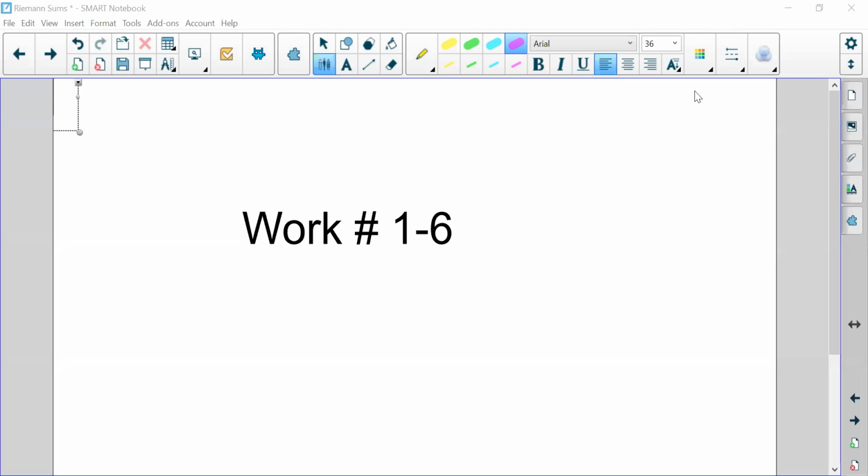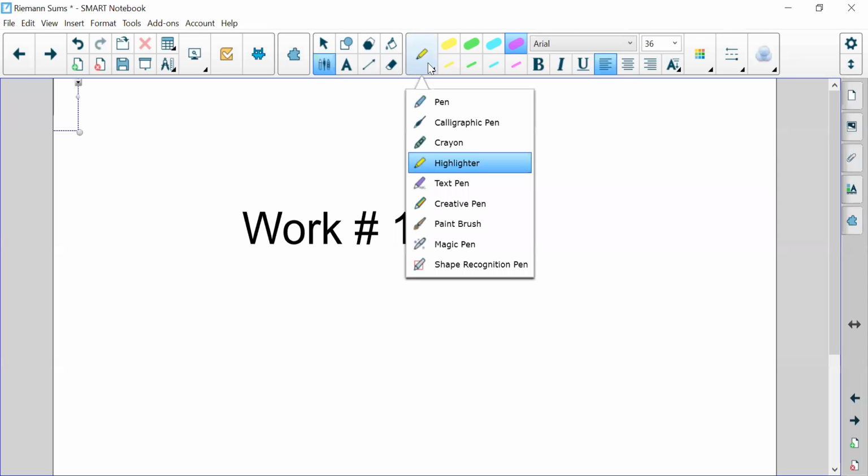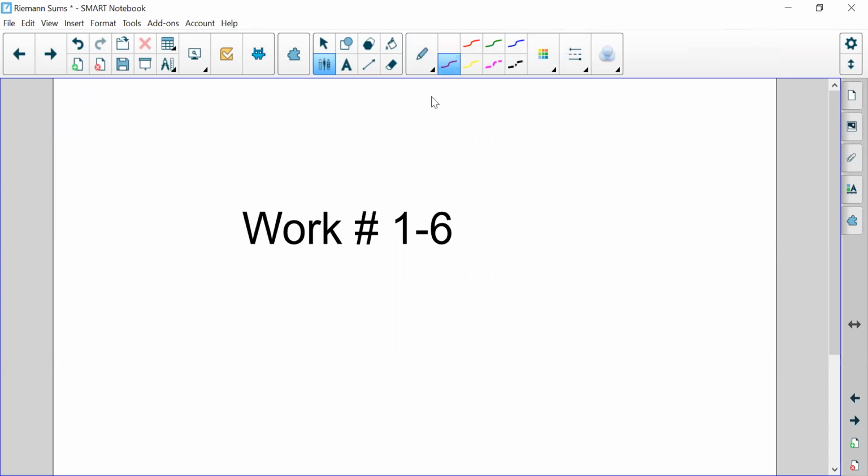Okay. So we already figured out that if our function value is increasing, like this, is our left going to be an overestimation or an underestimation?